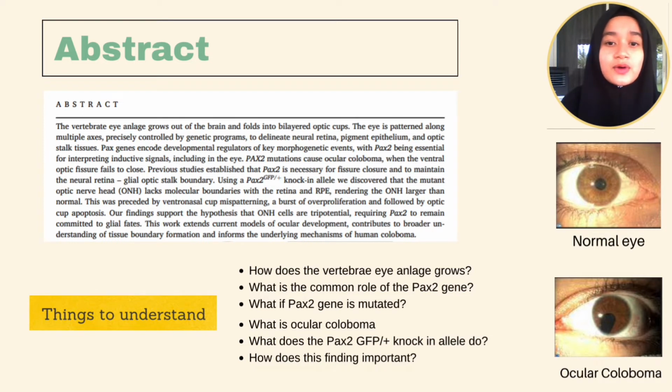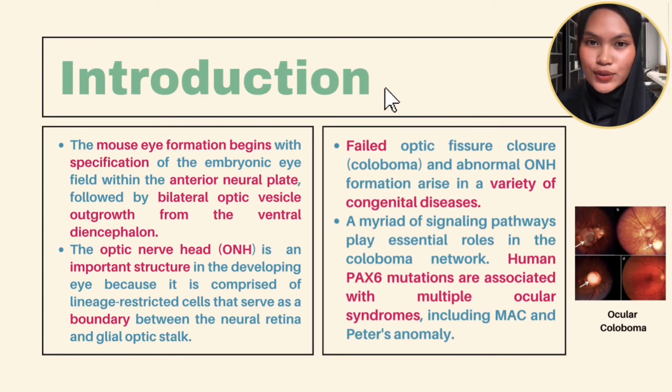When the researchers conducted this study, they found something important, and these findings are very crucial for the next development of information in order to promote a better understanding and provide a molecular model about ocular coloboma issues, especially in humans. Next, moving on to the introduction.